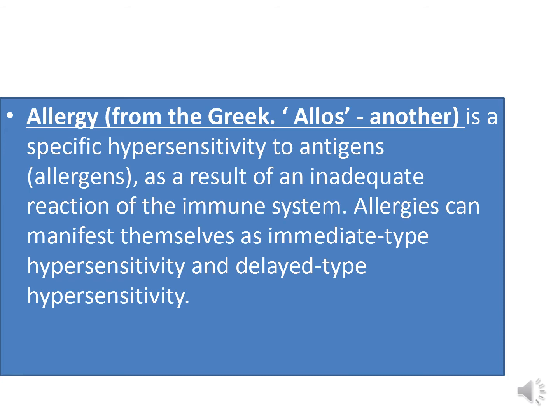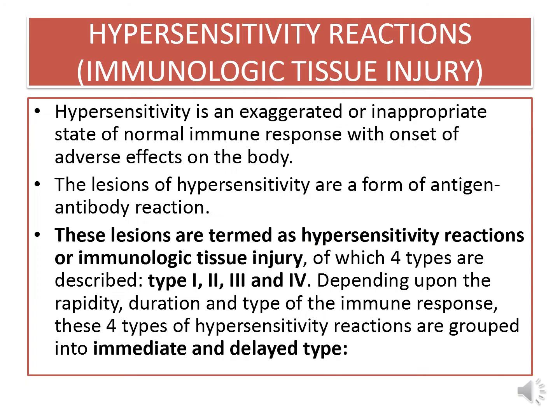Allergy, from the Greek allos, another, is a specific hypersensitivity to antigens. We call them allergens in case of allergic reactions, as a result of an inadequate reaction of the immune system, an overreaction. Allergies can manifest themselves as immediate type hypersensitivity and delayed type hypersensitivity.